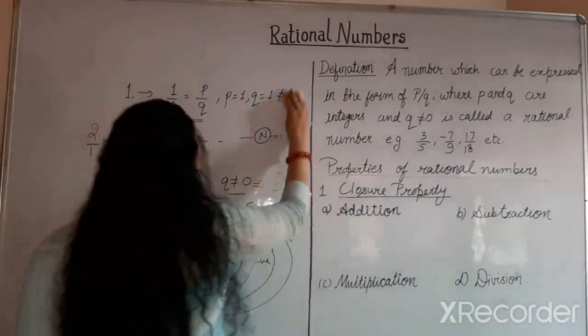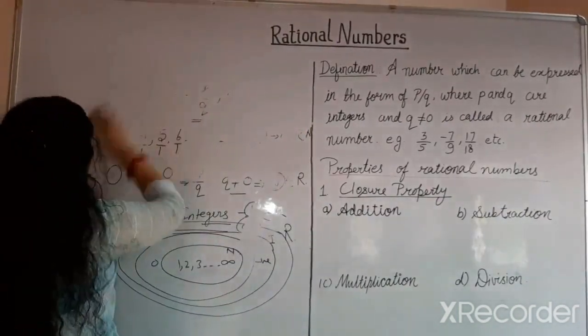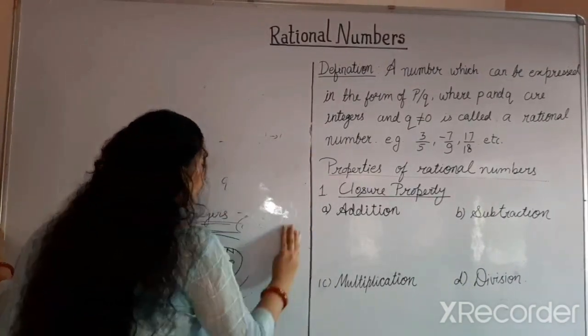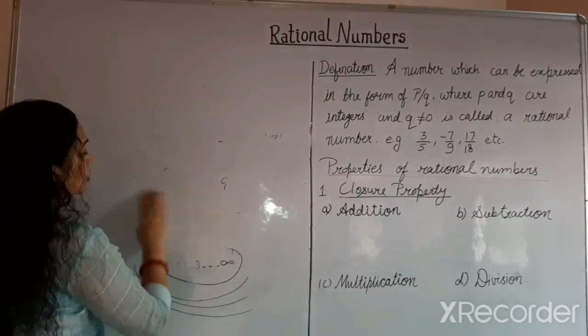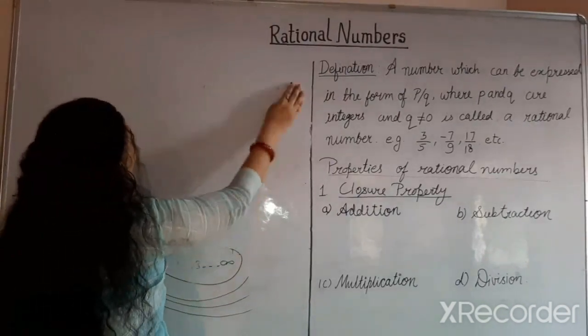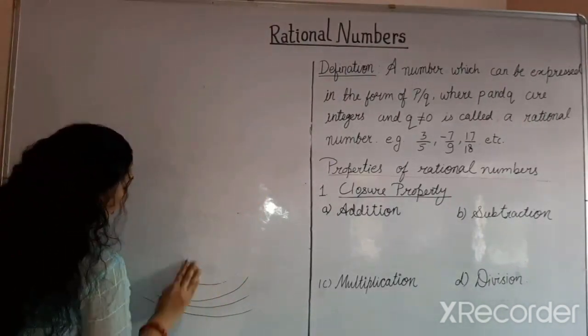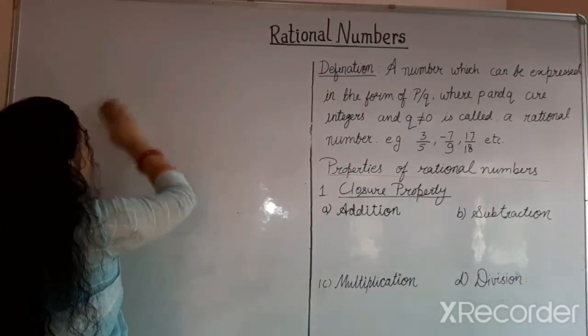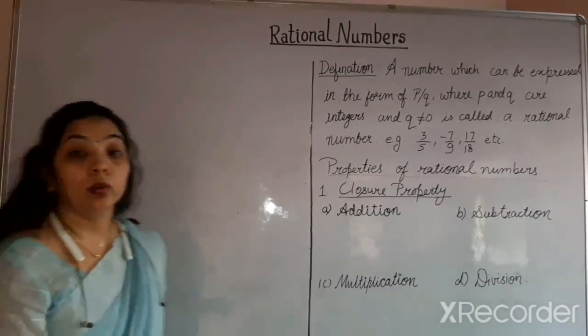Closure property says that if we operate on any two numbers, then the resultant must also belong to that group of numbers.